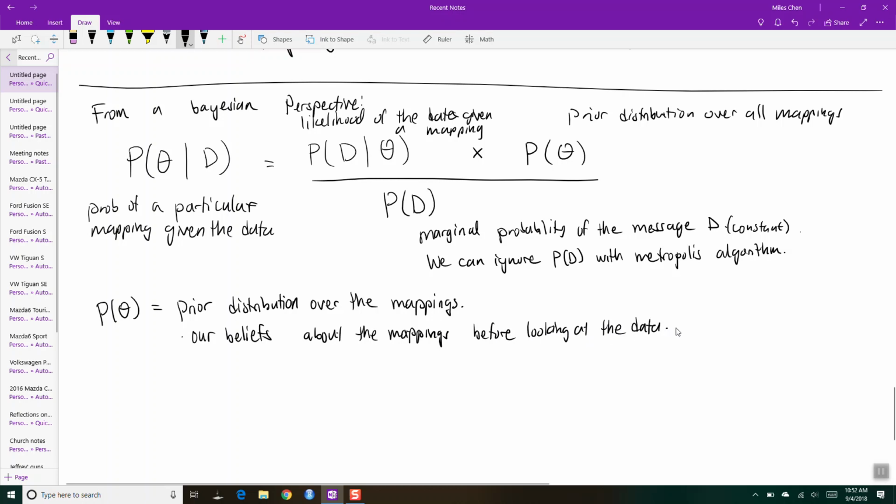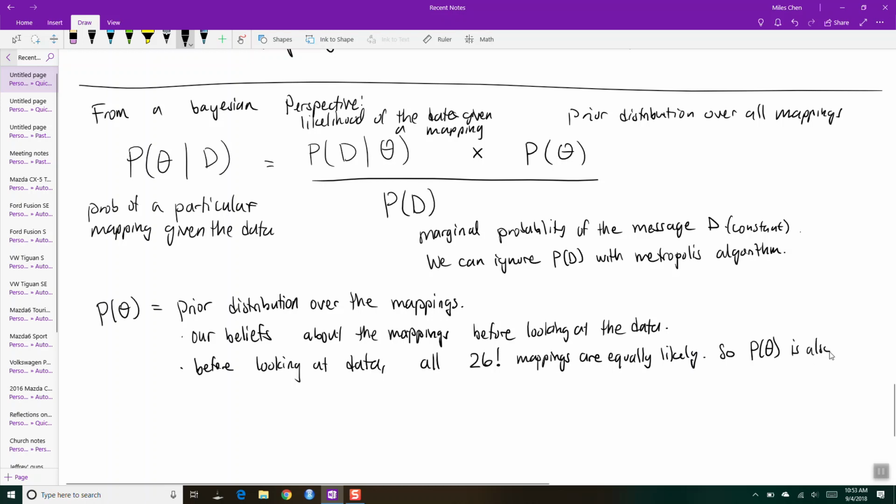Now, before we look at the data, we really have no clue which mapping is going to be correct, right? So before looking at the data, all 26 factorial mappings are equally likely in our mind, okay? So the probability of theta is also a constant.